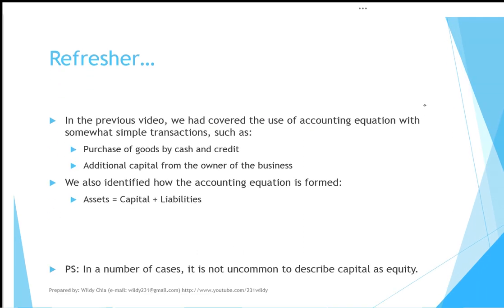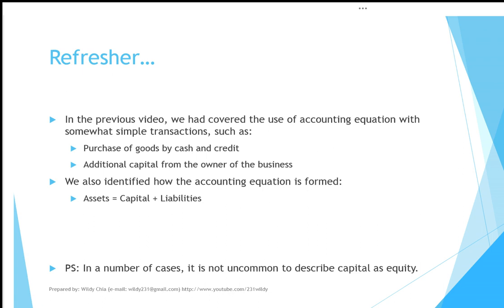So let's have a quick refresher on what we did the last time. In the previous video, we covered the use of the accounting equation in somewhat simple transactions, such as purchase of goods and additional capital from the owner. And we also identified that the accounting equation should be in the form of assets equals capital plus liability.